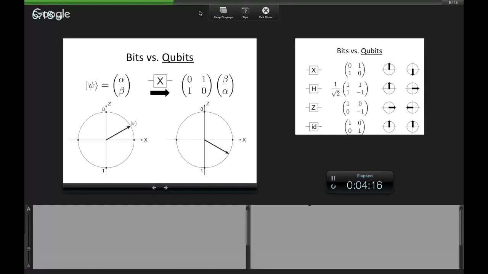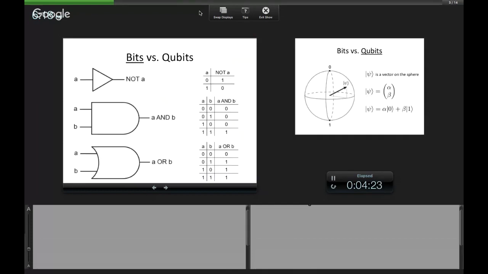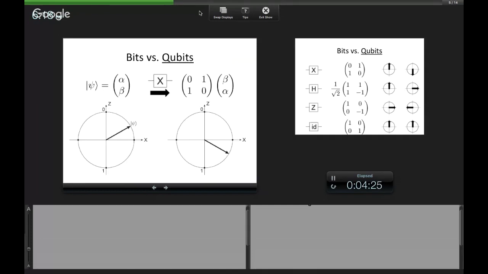Okay, so now we also need gates for our qubits. So just kind of like the NOT gate, we have a gate that we'll call the X gate, which doesn't do exactly what we call NOT, but it just flips the vector about an axis, about the x-axis, which is why it's called the X gate. So if we're starting up there, I'm going to use this.